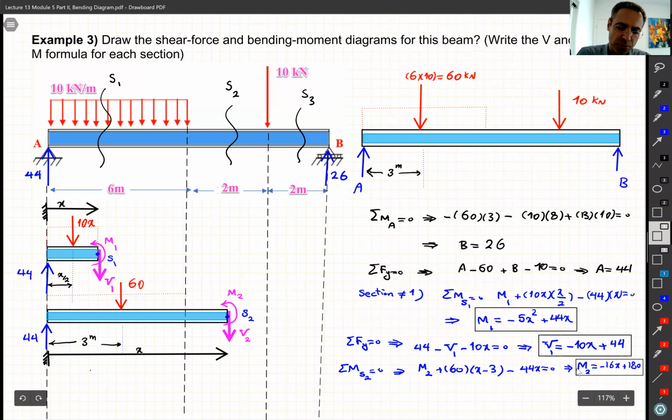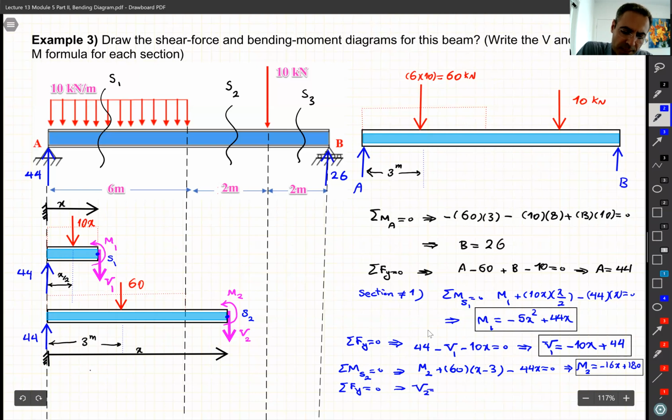V1, M2, all right. And sorry, we have M2 and we repeat the process. Sum of the forces in y equal to 0, and we get to V2.